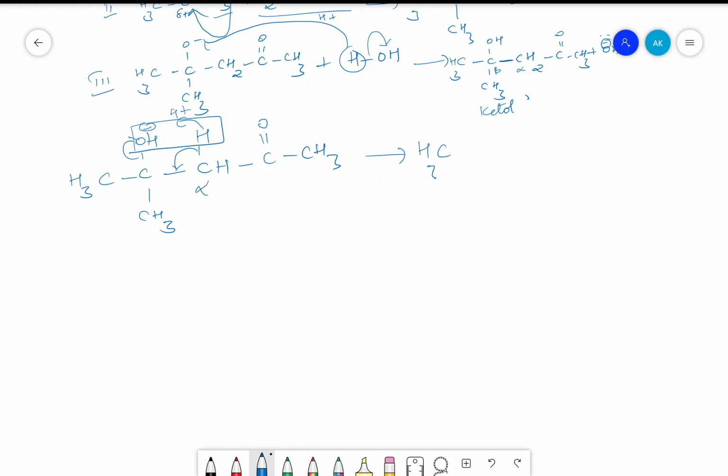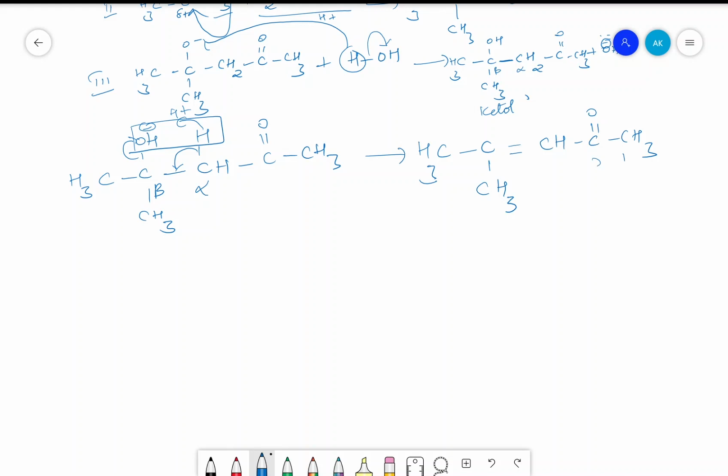This is your alpha and beta carbon. Between alpha and beta carbon, CH3 C CH3 double bond CH C double bond O CH3. So this is your alpha beta unsaturated ketone.